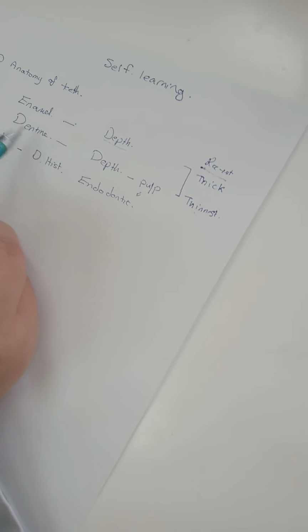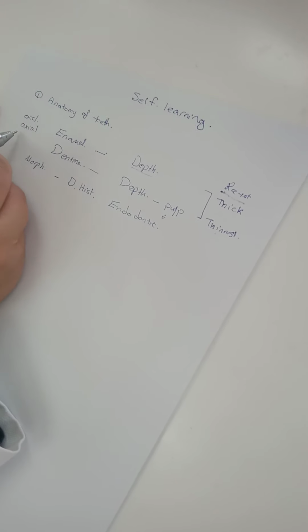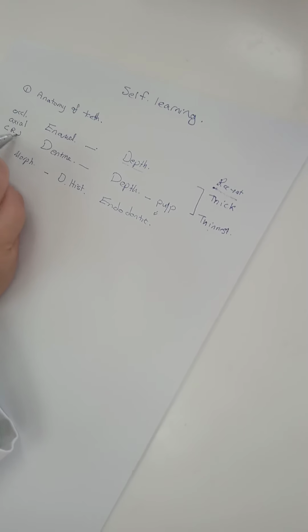And by the way, enamel and dentin thickness or depth is different. If I'm talking about occlusal, you're going to divide it as occlusal, axial, and finally, let's say, crown root junction, or cement-enamel junction.